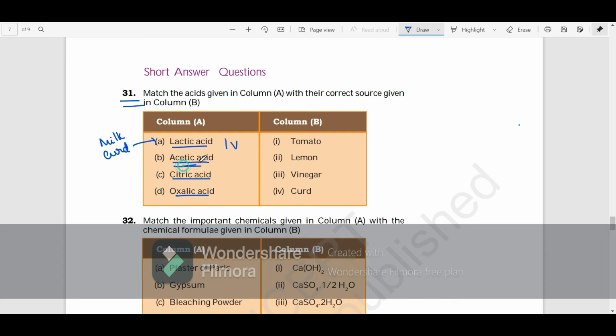Next, acetic acid. Your mummies would be using vinegar while cooking any of the dishes. Next, citric acid is found in citrus fruits like lemon and related ones, and oxalic acid is found in tomatoes. Okay, yeah, so that's the thing.